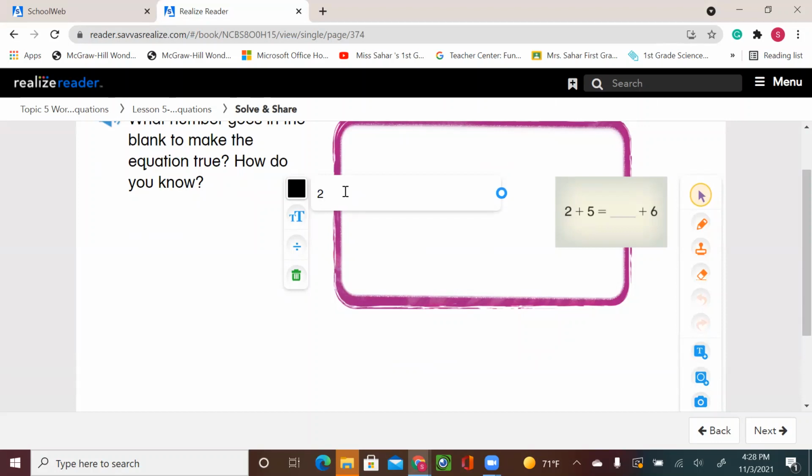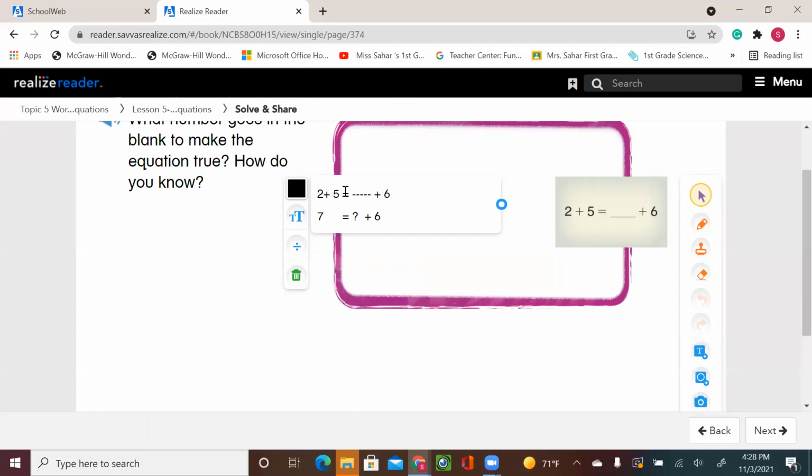So 2 plus 5 equals blank plus 6. I know 2 plus 5 equals 7. So 7 equals a number plus 6.